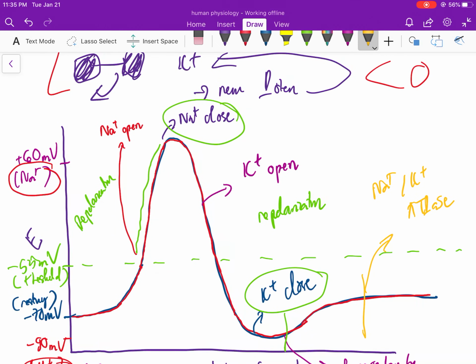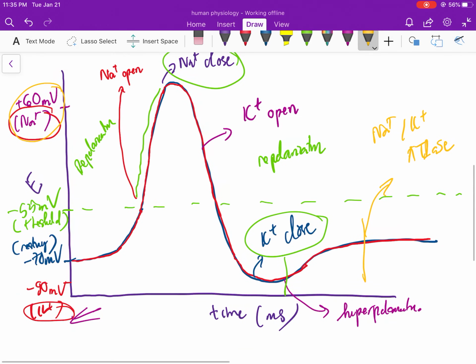So at first it goes up in the positive direction with the voltage gated channel of sodium, and then it goes down in the negative direction with the potassium voltage gated channel.